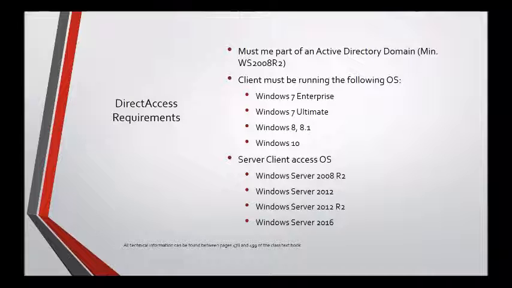All subsequent Microsoft operating systems will include direct access. Server clients for organizations that have different sites across the world that connect back to the domain via direct access must be running Windows Server 2008 R2 or newer. Windows Server 2016 also supports direct access.